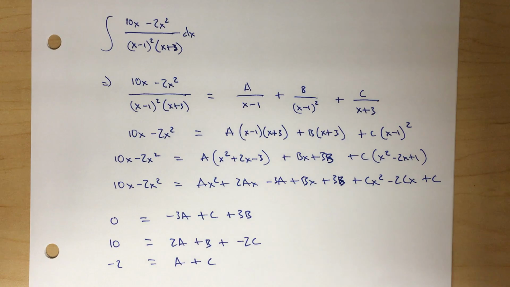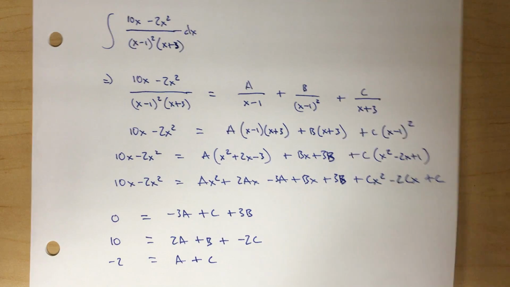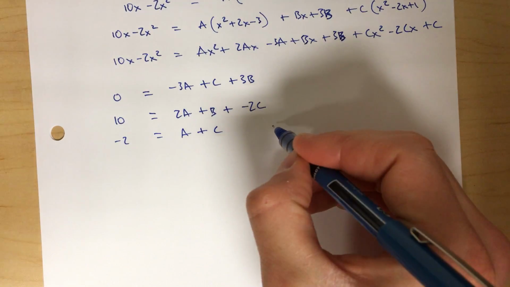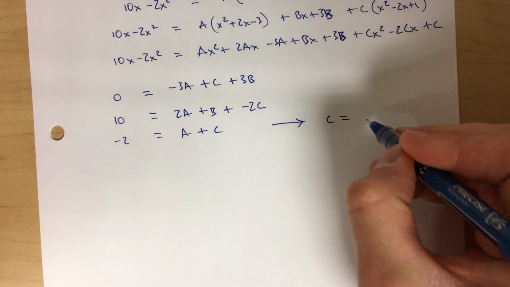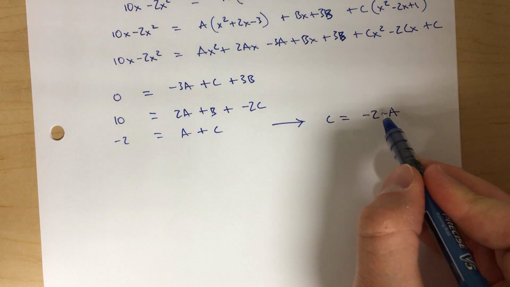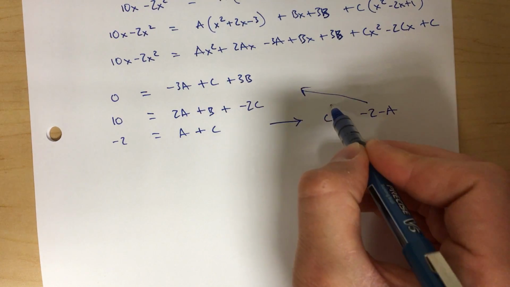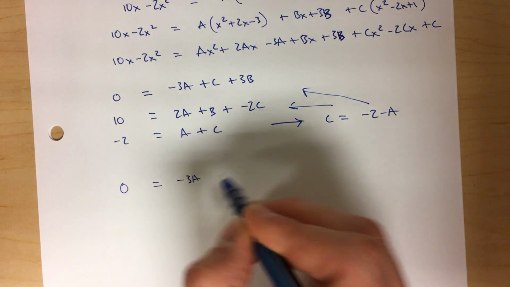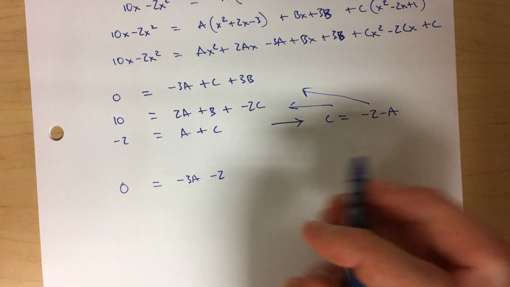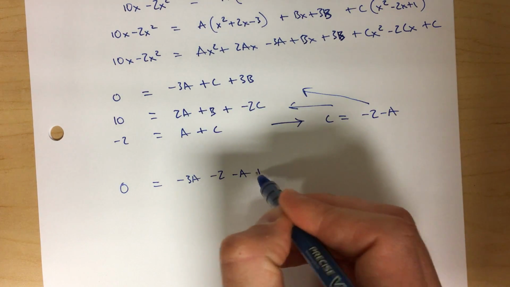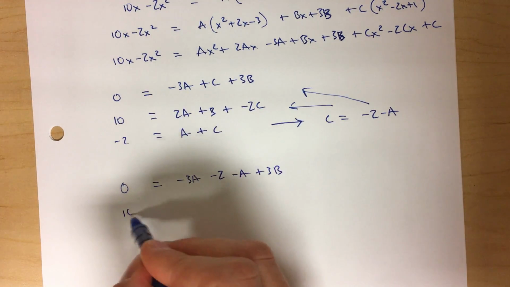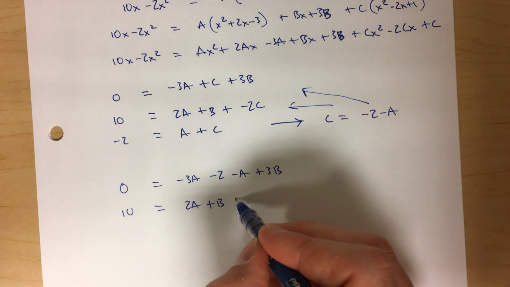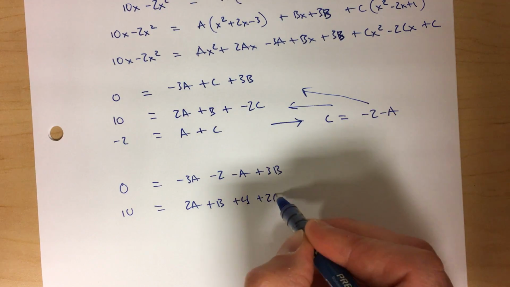So I could use substitution or elimination or a matrix. I'm going to do substitution and say that in this case c is negative 2 minus a. So I'm going to plug that into both of these and get 0 is equal to negative 3a minus 2 minus a plus 3b, and 10 is equal to 2a plus 3b minus 2c, which is plus 4 plus 2a.